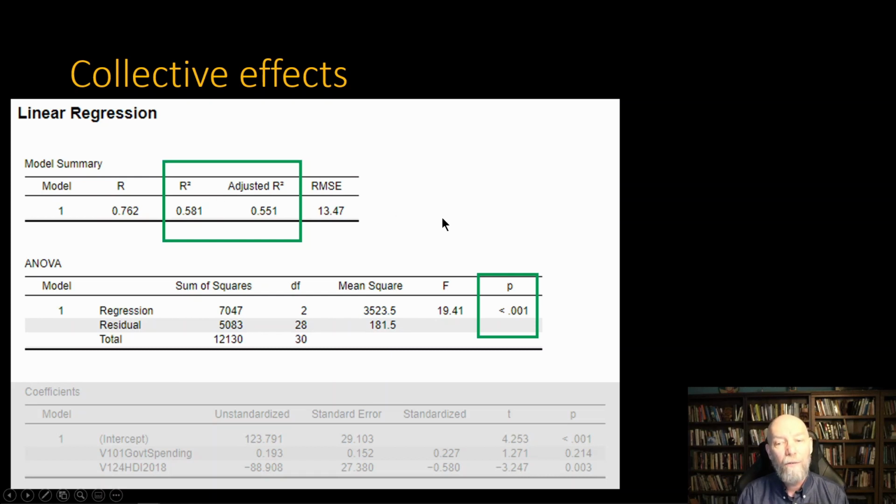So for collective effects, all you end up doing is reporting a multiple r squared, saying this is the proportion of variation explained, or if you want to call it a percent, call it 58% instead of 0.58 proportion. 58% of the variation in view of prostitution is explained by just using these two independent variables, government spending and HDI value. And it is a statistically significant result. You get strength and you get significance, and that's all.